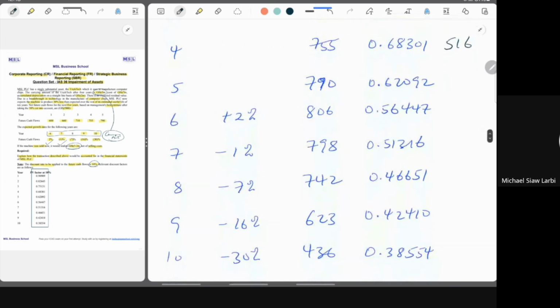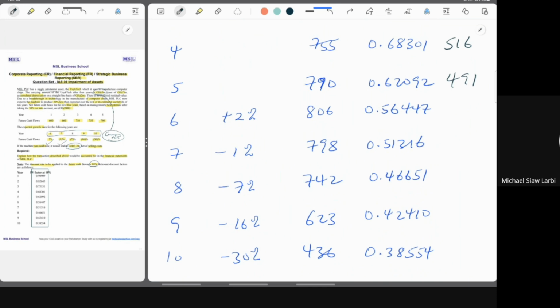Year 5, 790 times 0.62092. That should give me 490.5. That can be rounded to 491. Then year 6 will be this times this as usual. So 806 times 0.56447 will give me 454.9.